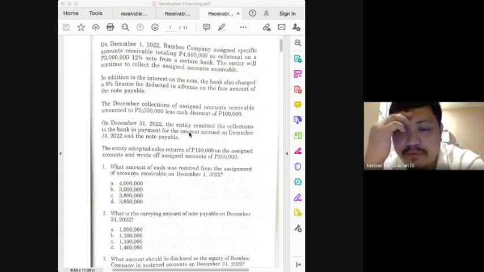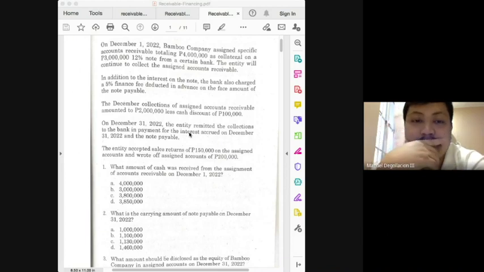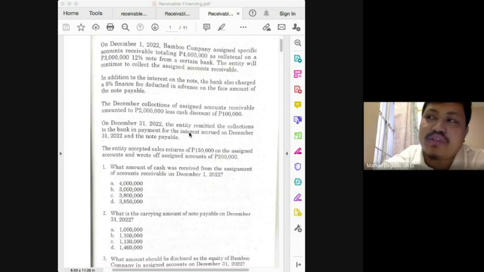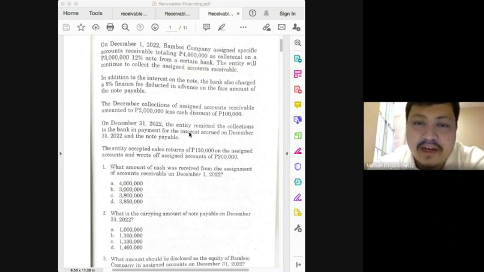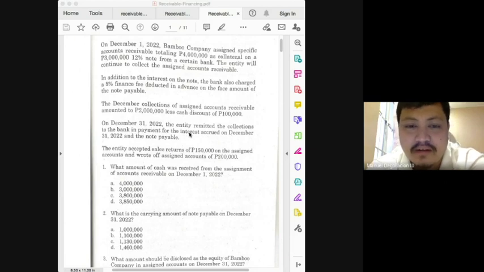Will our answer be 1,100,000? Here the answer is no. Okay, but first question: did we actually give the entire 1,900,000 to the bank? The answer is yes. But if we actually gave the entire 1,900,000 to the bank, why will our liability to the bank not be decreased by 1,900,000?